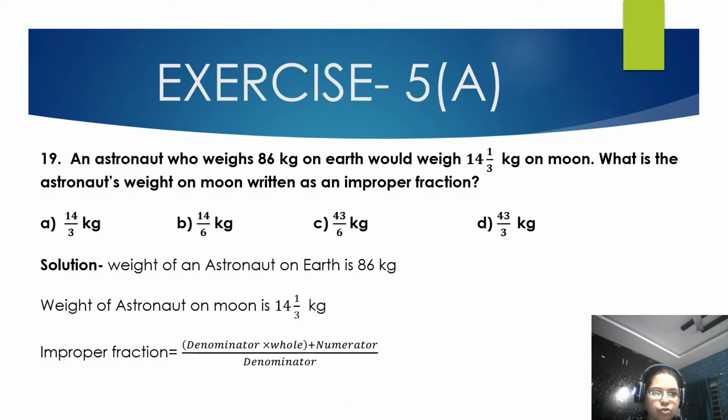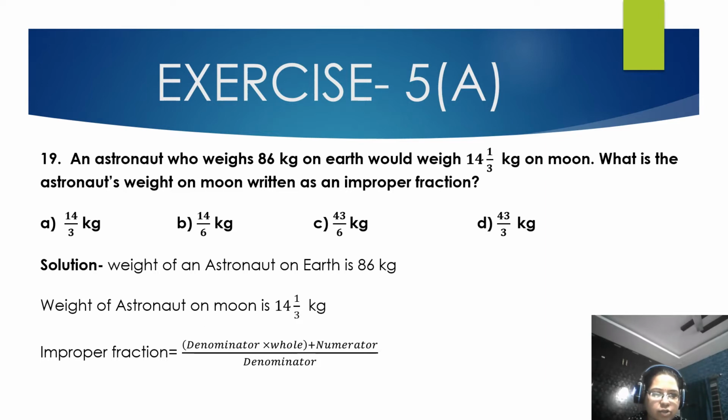Now we solve question number 19. An astronaut who weighs 86 kg on Earth would weigh 14 divided by 3 kg on Moon. What is the astronaut's weight on Moon written as an improper fraction?